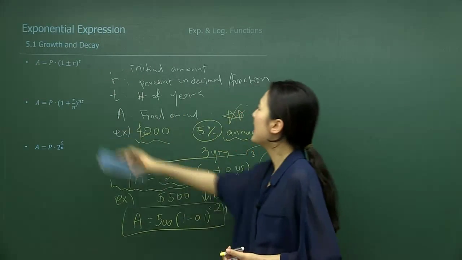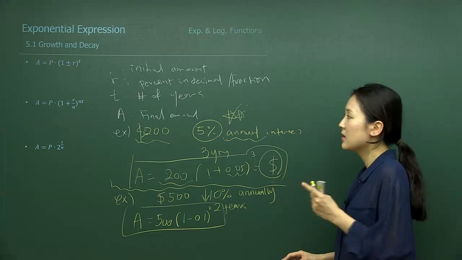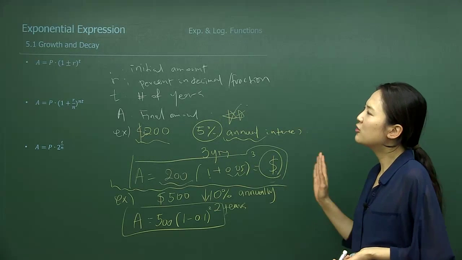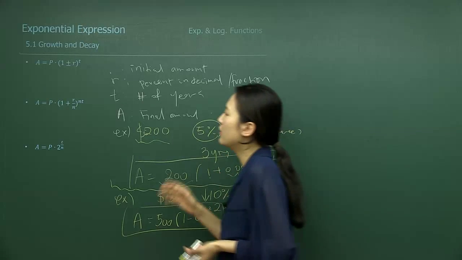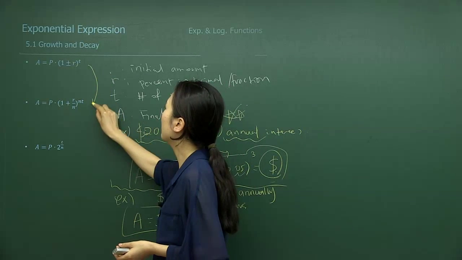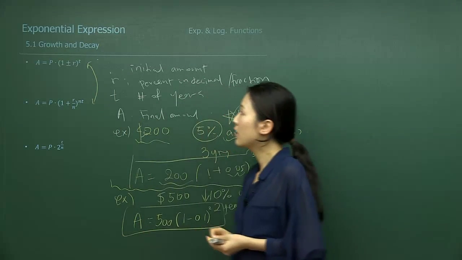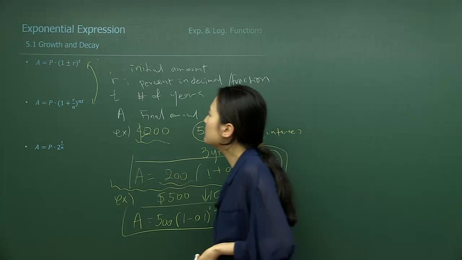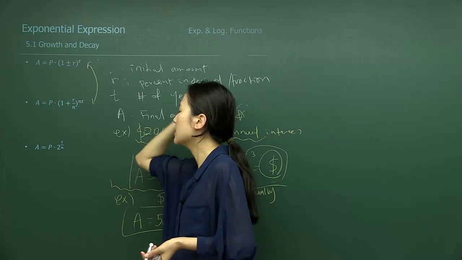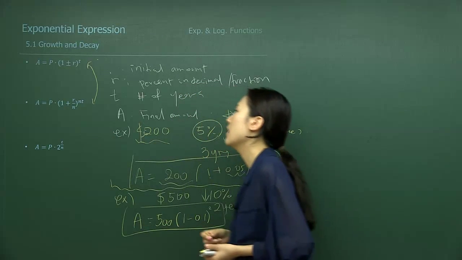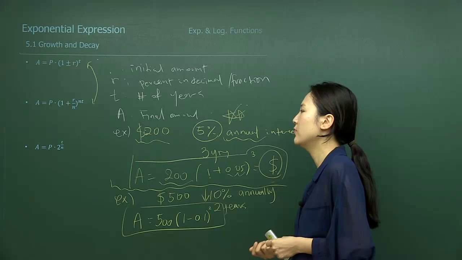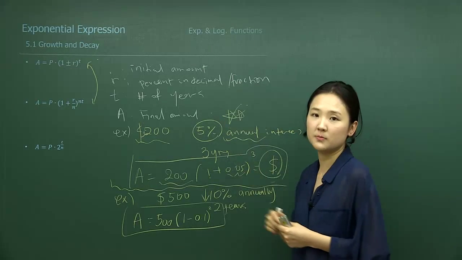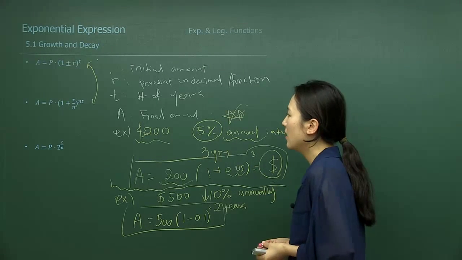Let's talk about the second formula. Do you see how similar the two formulas are? Can you spot the difference? Well, first of all, I didn't put a minus here because this is usually used for interest problems with a bank.